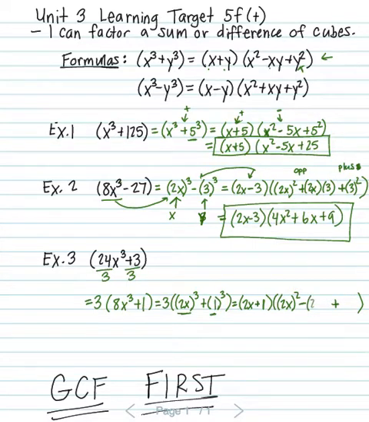Then you multiply your two pieces. Then it's the last piece squared. Simplified, we've got 2x plus 1. 2x squared is 4x squared. 2x times 1 is just 2x. 1 squared is 1. All done.